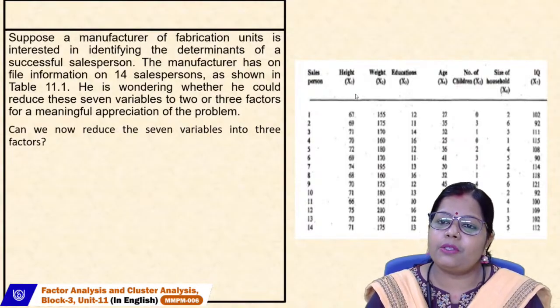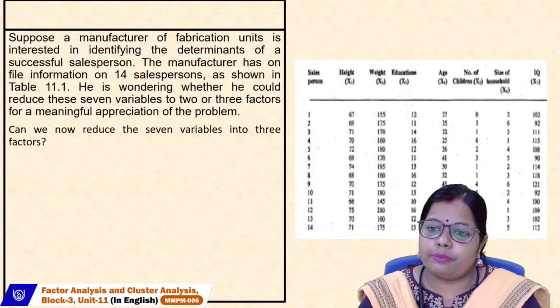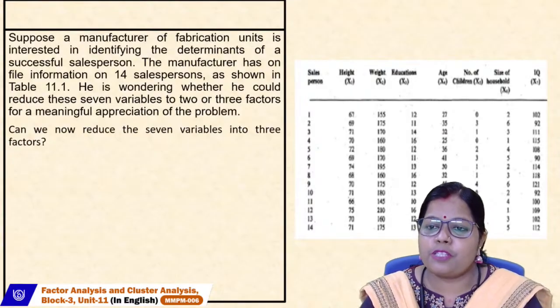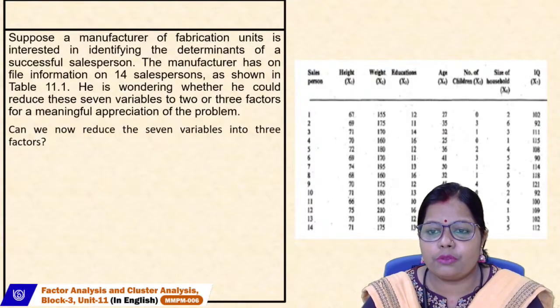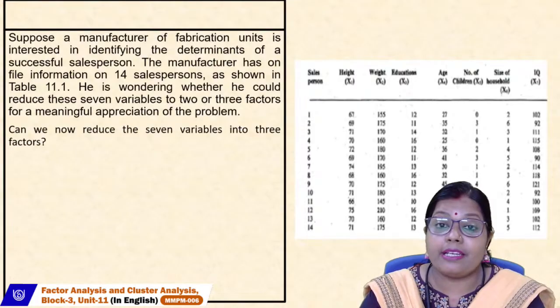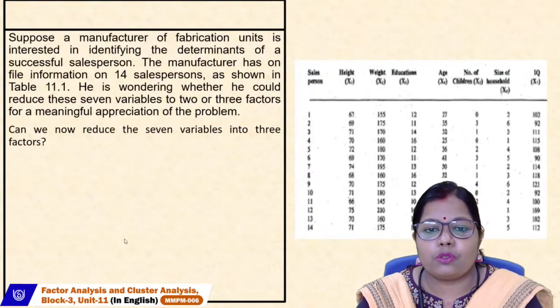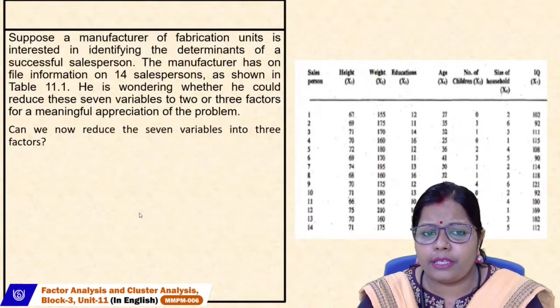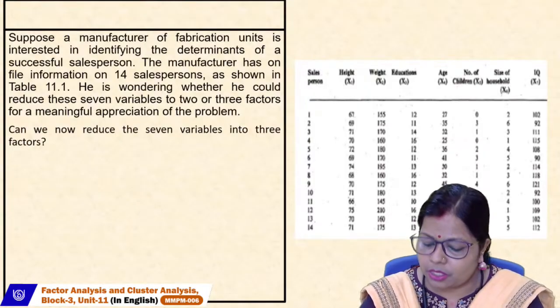But now the company is interested in studying the successful salesperson. So before calculating the successful salesperson, the company wants to reduce the seven variables into two or three variables. So now the question is, can we reduce the seven variables into three variables?